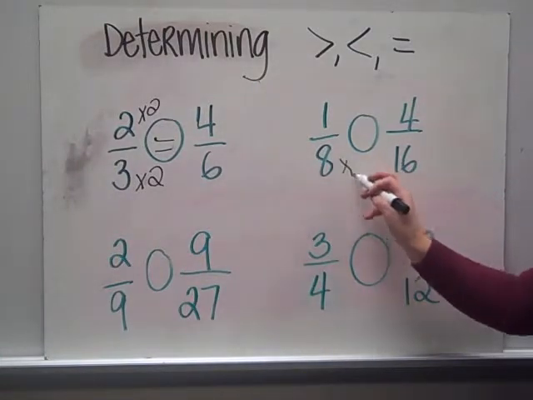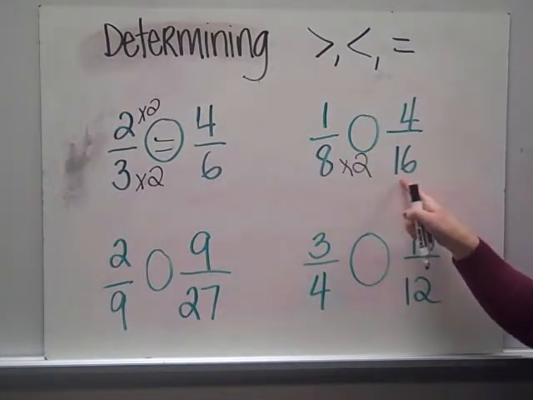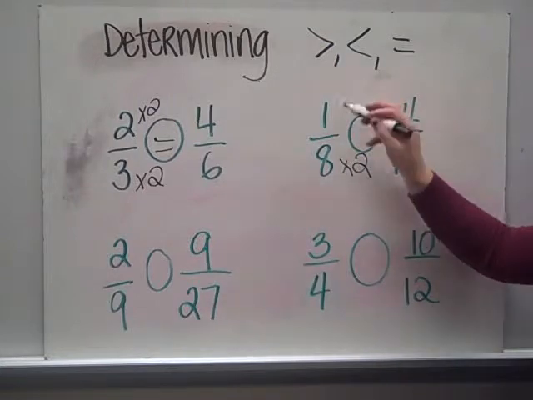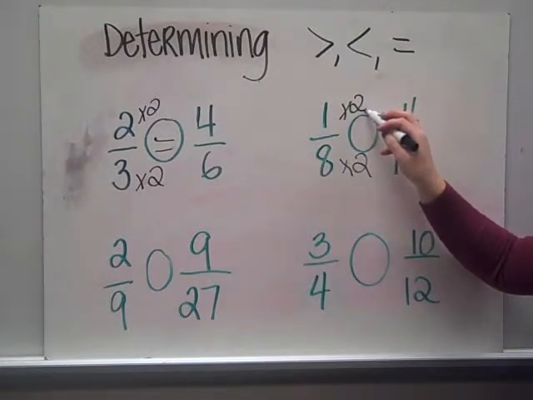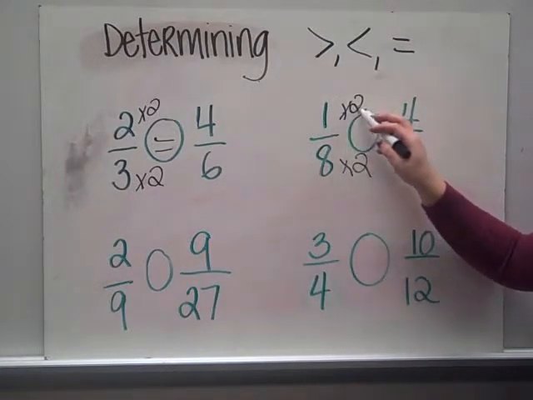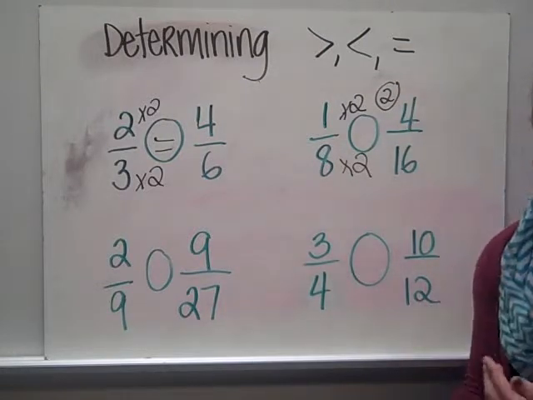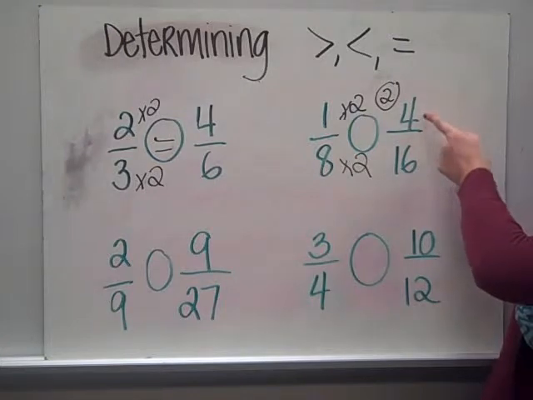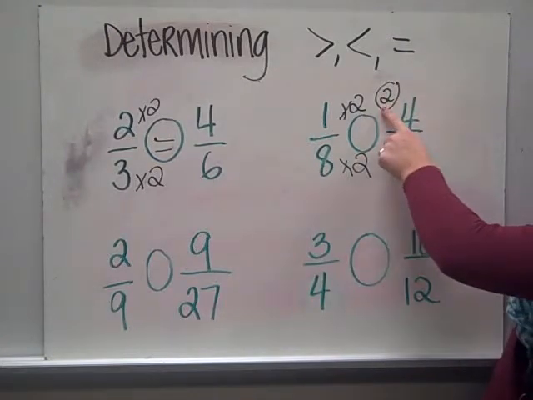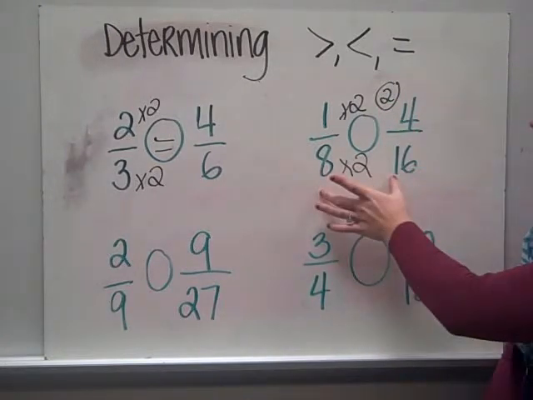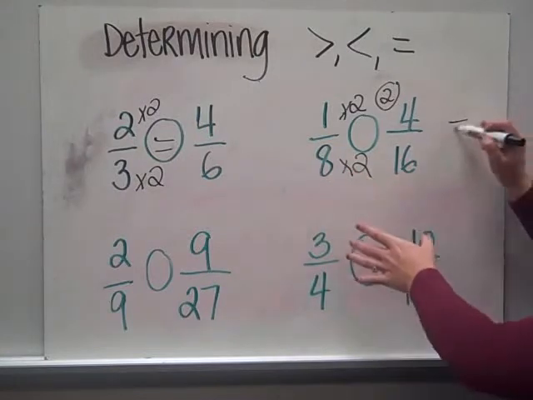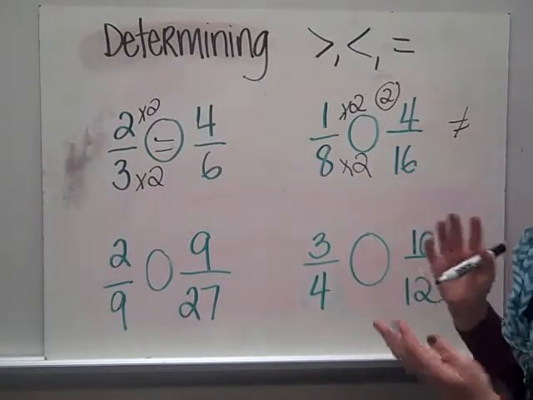Again, 8 times 2 is going to equal 16, so I must also use times 2 up here. 1 times 2 is 2. So I first of all know that these are not equal because they said that this is 4/16. And it would have to be 2/16 in order for them to be equal. So I know that they're not equal. Now I have to compare.